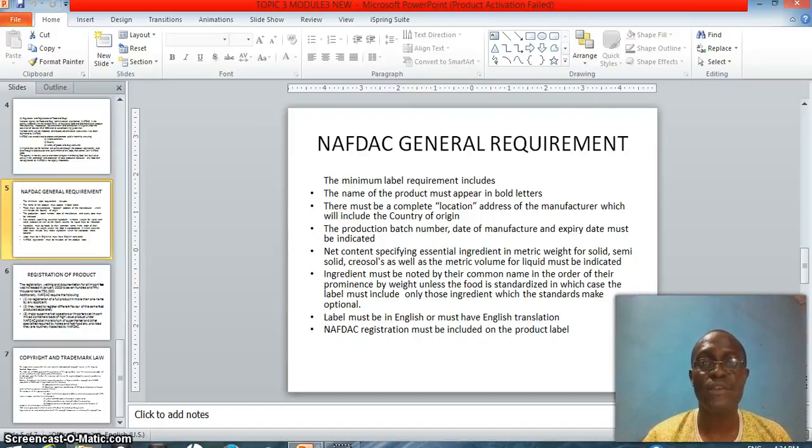Ingredients must be noted by their common name in the order of their prominence by weight, unless the food is standardized, in which case the label must include only those ingredients which the standard makes optional. 6. The label must be in English or must have an English translation. 7. NAFDAC registration must be included on the product label.